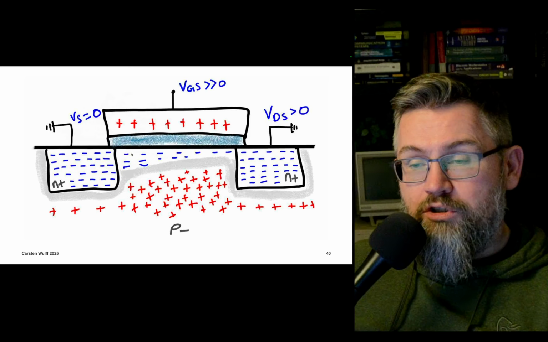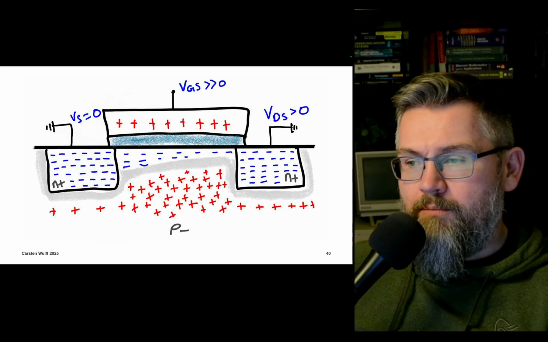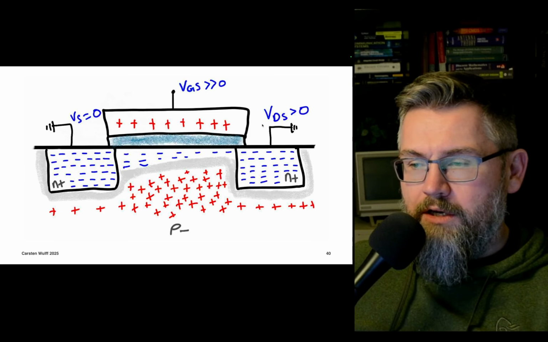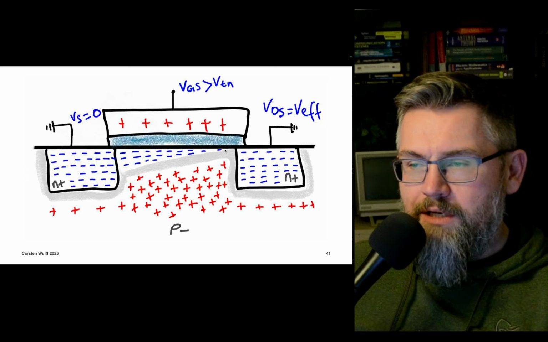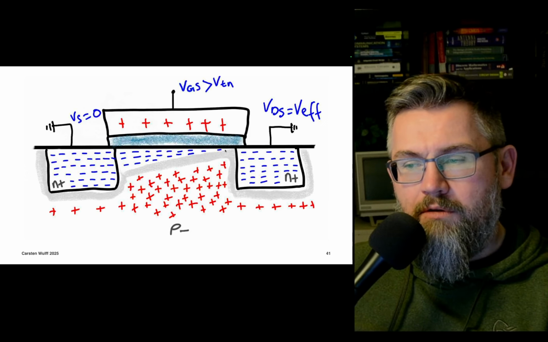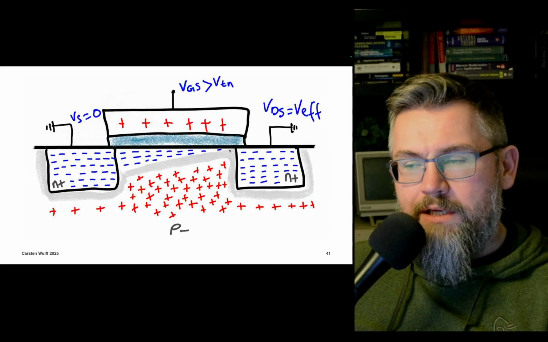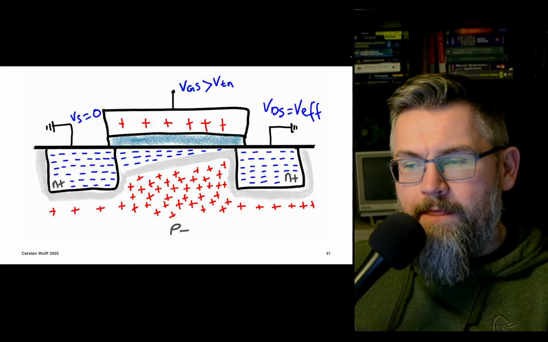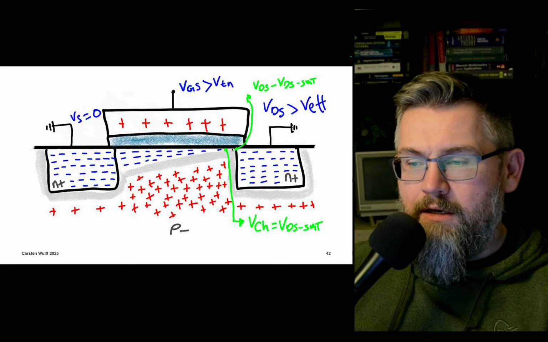So the voltage changes as we go along the channel. And at some point, when the VDS is high enough, then the point underneath here doesn't really go beyond the V effective. And that means that the rest of the voltage is sort of across this small region of depleted carriers.